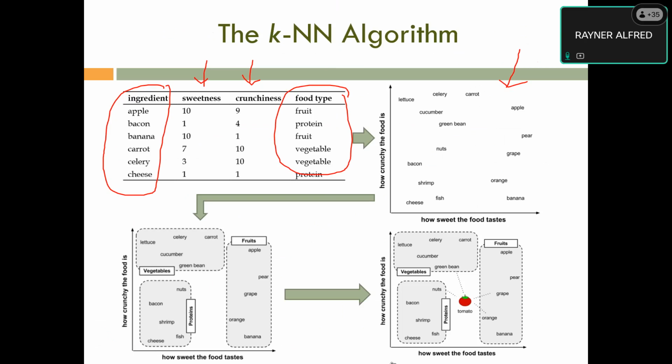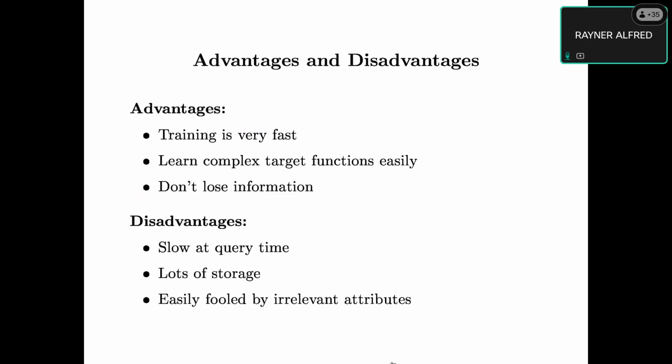So the advantage and disadvantage of this nearest neighbor is that this is a very fast training, because we simply calculate the differences, or we calculate the similarity. We don't lose any information because we use all the features that we have.